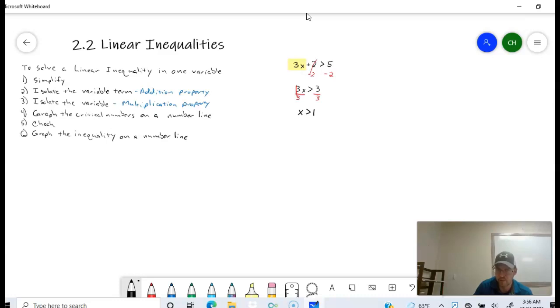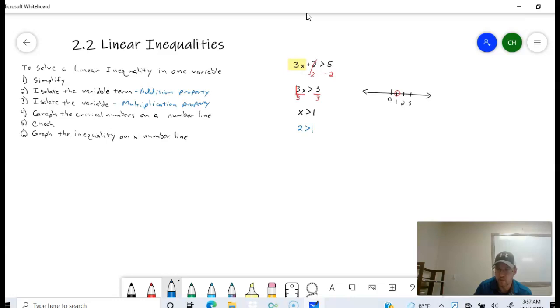Step 4 is graph the critical numbers on a number line. So I'm going to draw me a not very straight number line over here. 0, 1. I know that my critical number is 1. It's greater than, it doesn't include it, so it's going to be an open circle. And I need to pick a test value. So let's just say, let's pick 2. 2 is greater than 1.